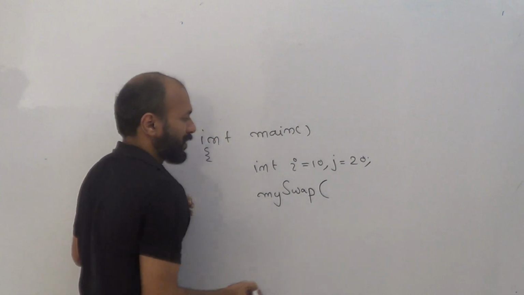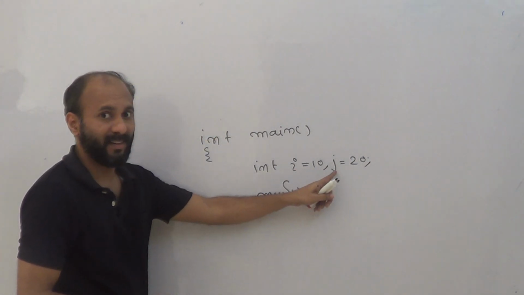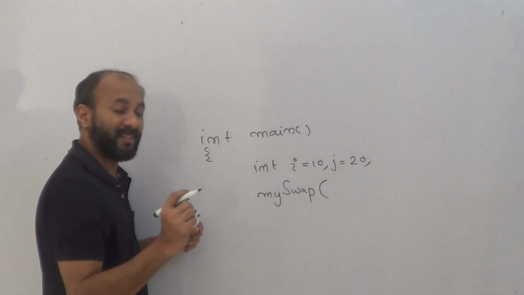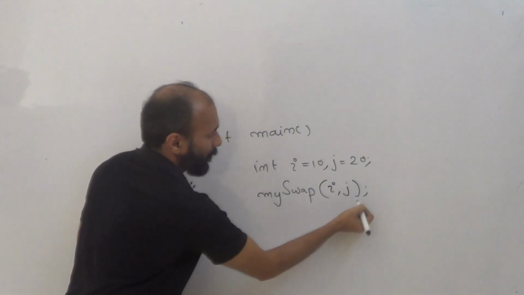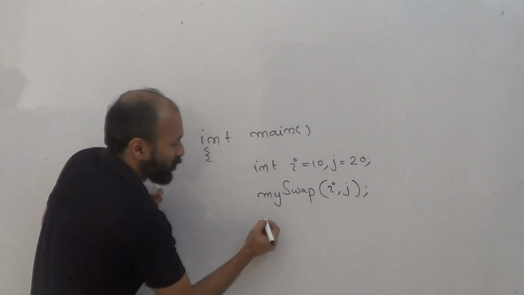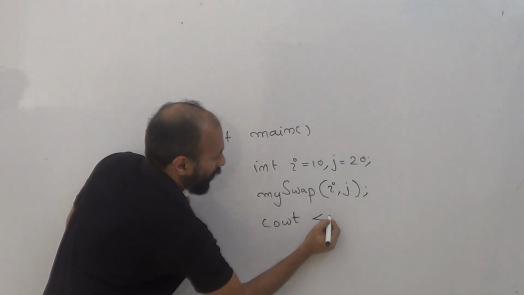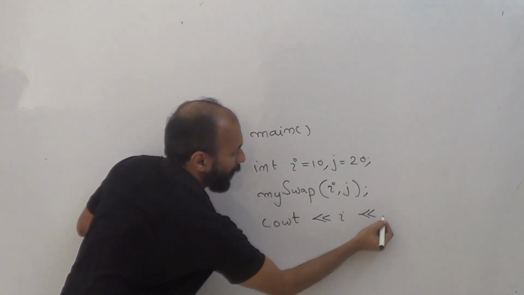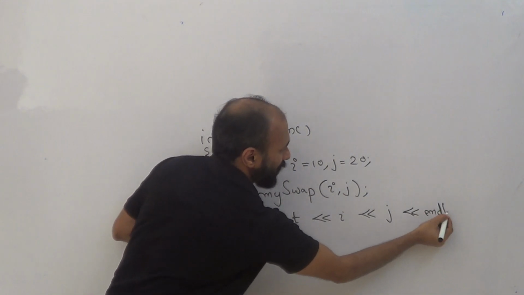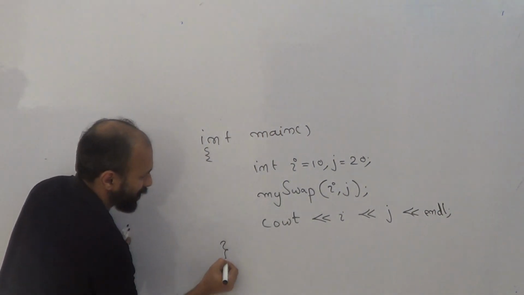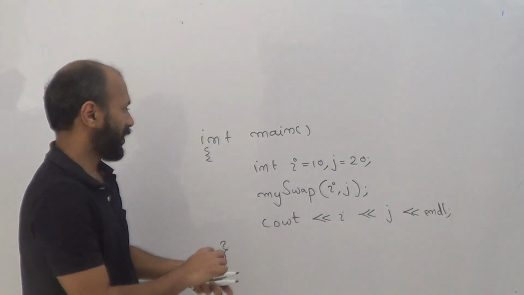Now I'm swapping with the help of a reference variable. So you don't want to pass the address. The compiler will pass the address for you. Here I'm just writing i comma j. Next I'm trying to print out i and j, and I'm adding a new line character also. This is my program.